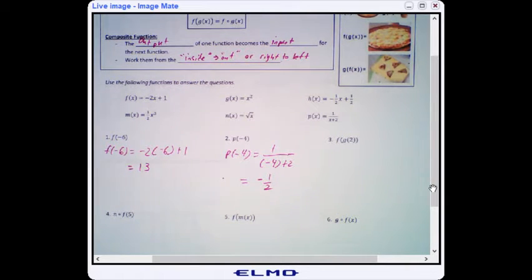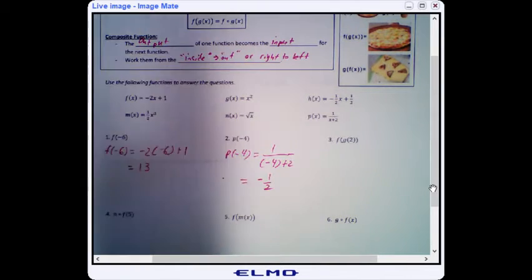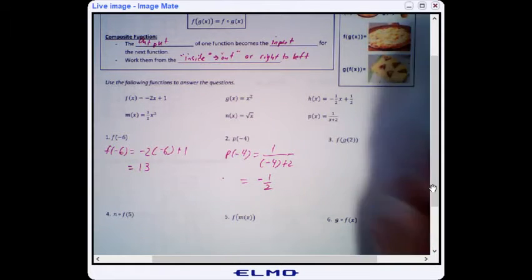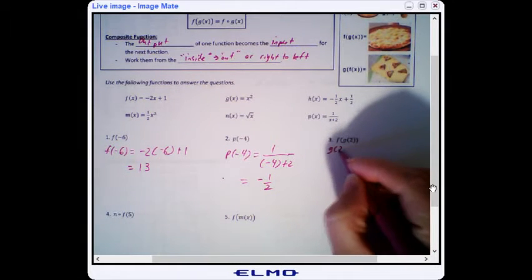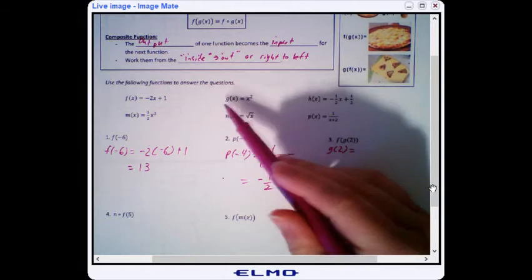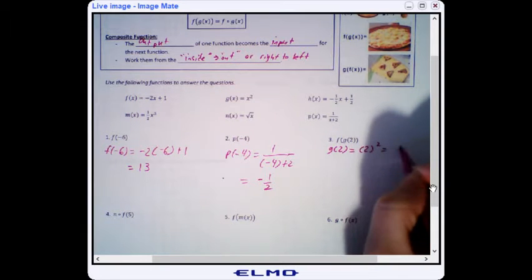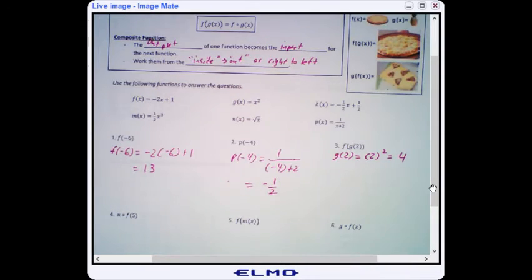So we're going to do it twice. We have two functions, an f function and a g function. And we have to agree on the order, because g is on the inside. We're going to do g of 2 first. My g function is x squared. So instead of x, I'm going to put 2, which is going to give me 4. Now I'm going to take that and put it into my f function.